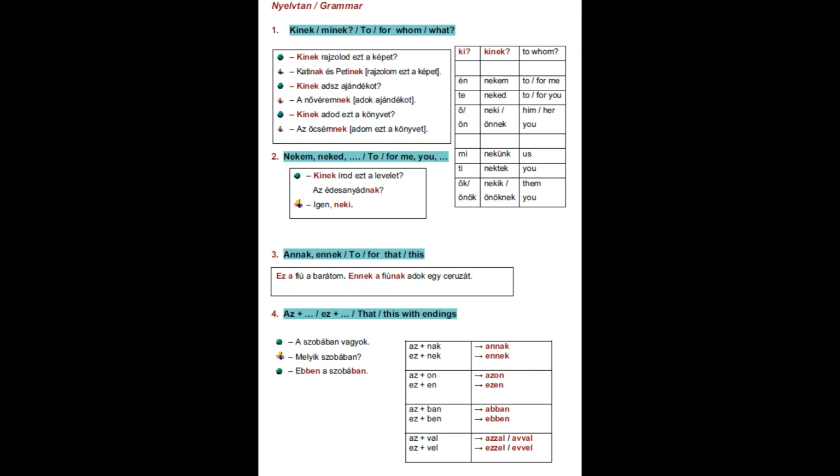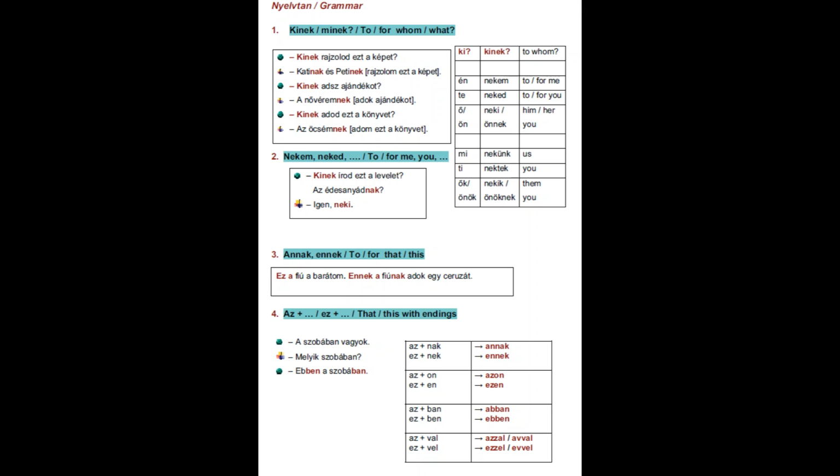Ti. You. Not singular, not just one you, but you guys. You is ti. It's more than one person, not including you. Ti nektek. To or for you, you guys, you all.